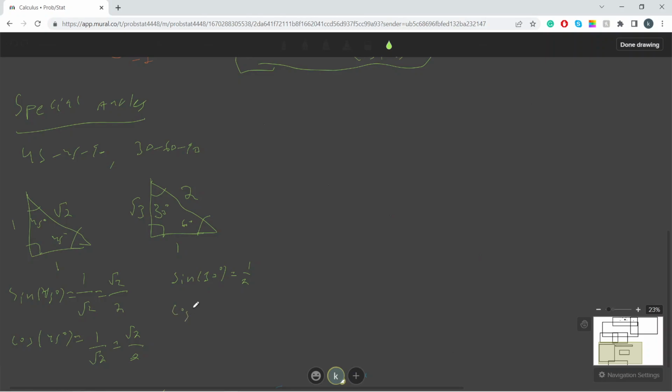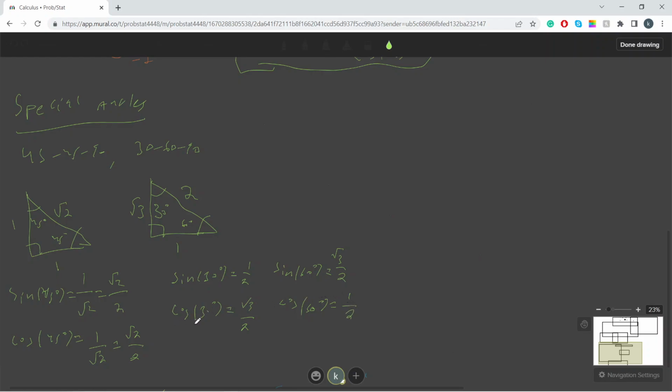And the cosine of 30 degrees is root 3 over 2. And then we also know that the sine of 60 degrees is root 3 over 2. And the cosine of 60 degrees is 1/2.